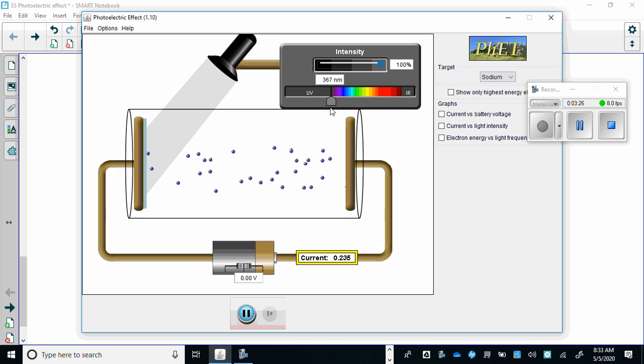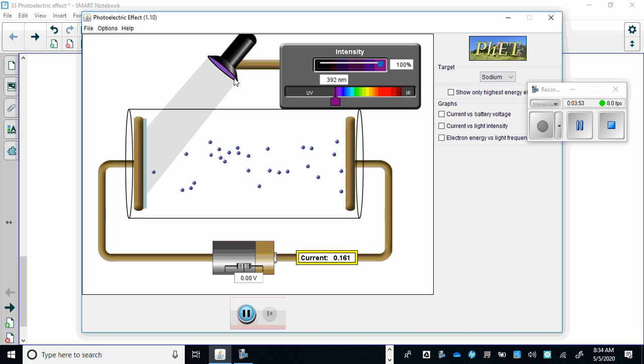Ooh, and now some of these electrons are going really fast, and some of these electrons are going slow, but you can see that they're all going kind of one or the other speed. And if I increase it to really high on the UV scale, they're zipping along at quite a phenomenal speed. So let's go back to here. So there we go. So we've got some electrons going fast, some electrons going slow.